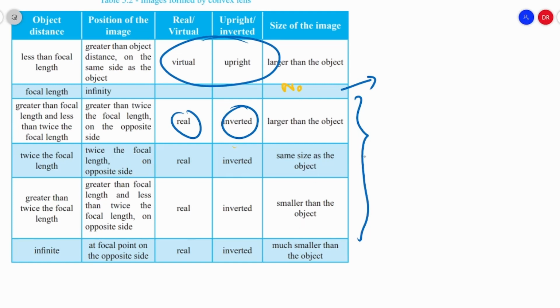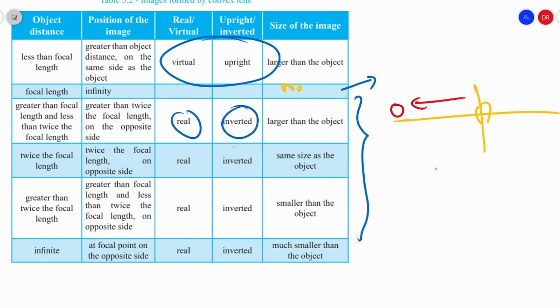and smaller than the object and much smaller than the object. Then what happens, you can remember it like this: when your object is moving away from the optical center, or the lens, your image becomes smaller. When you are going away, the image formed becomes smaller.